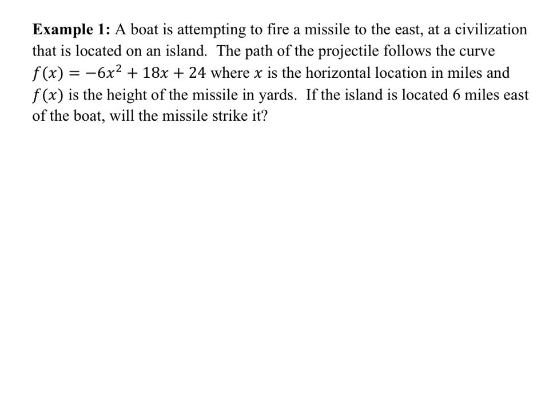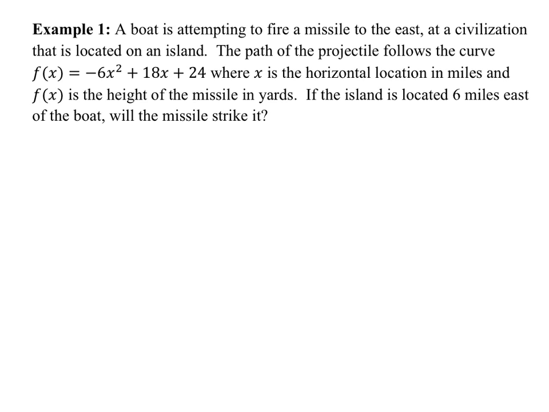Let's start with example number 1. A boat is attempting to fire a missile to the east at a civilization that's located on an island. The path of the projectile follows the following curve. F of x equals negative 6x squared plus 18x plus 24, where x is the horizontal location in miles, and f of x is the height of the missile in yards.